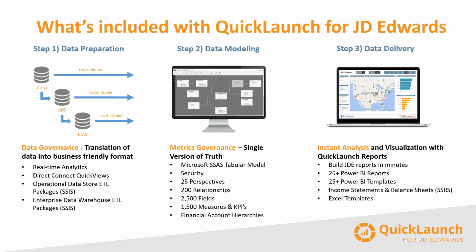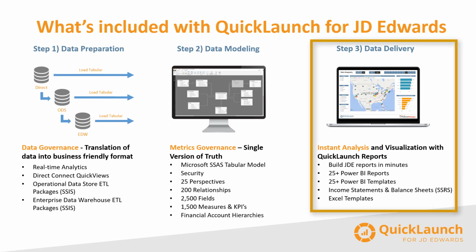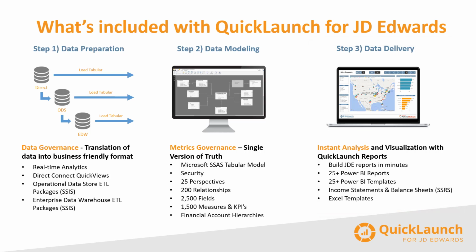And then on the right, we have data delivery, where we've got some out-of-box reports and dashboards that represent this JD Edwards data in Power BI. You know, so you'll have something that's usable right out of the gate. We also have Excel templates to showcase how to utilize the measures and modeling that's there.